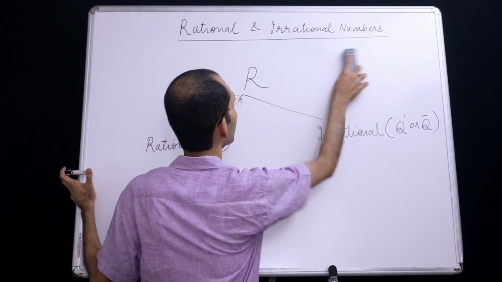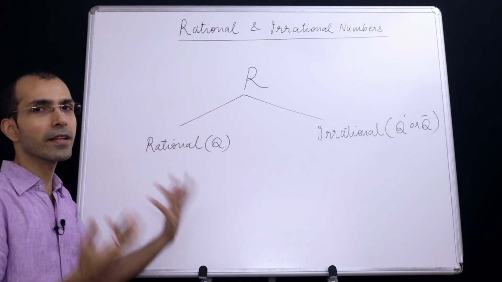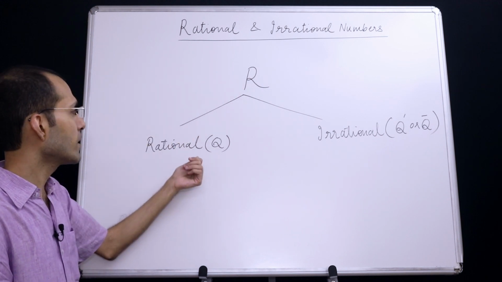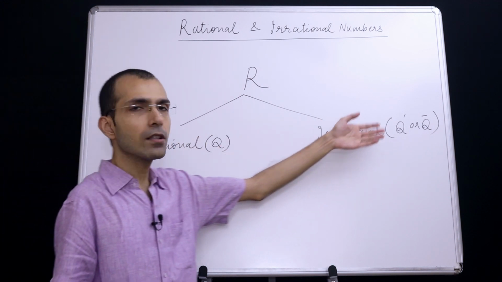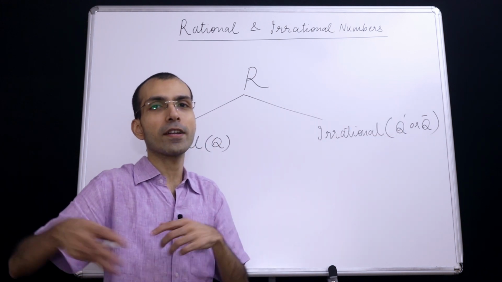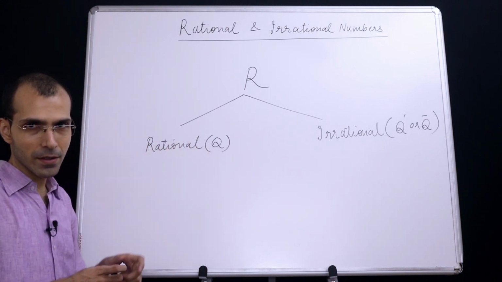But otherwise any number you take will be a real number, and real numbers are broadly classified into rational, Q, and irrational, we call them Q dash or Q bar. That's a short form, like N stands for natural numbers. Let us see what are rational numbers.